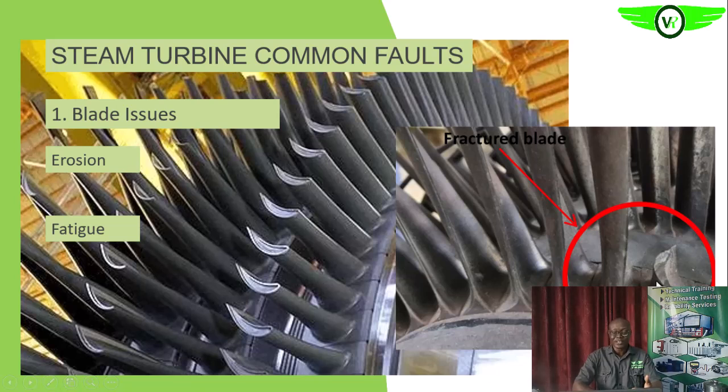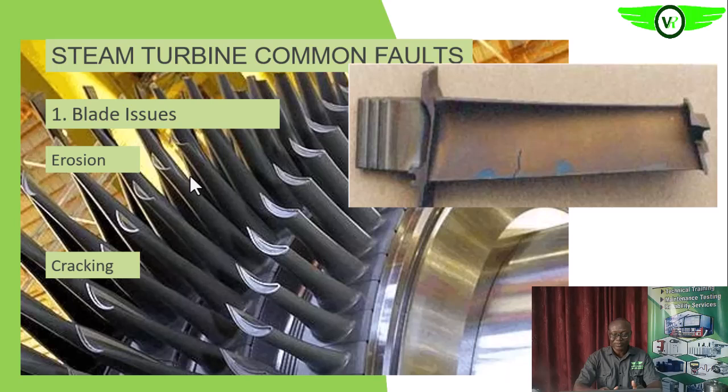Breakage of the blade can also cause problems downstream or around the turbine casing. Remember, the blade is turning, so there are centrifugal forces acting on each and every blade that you are seeing here. So when any of them breaks, that centrifugal force will drive it out towards the casing. On striking the casing, it can result in other problems.